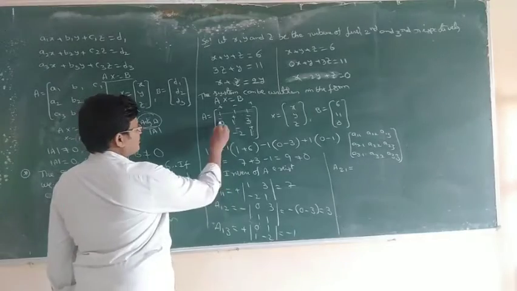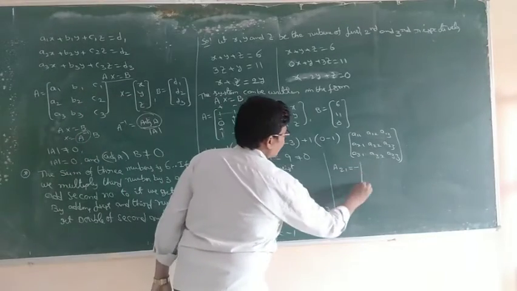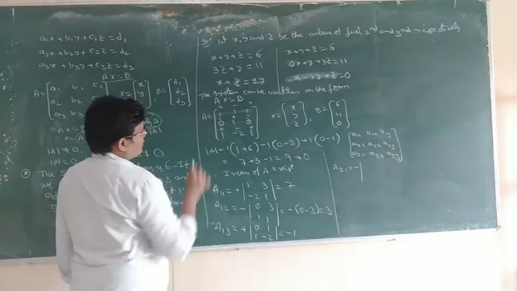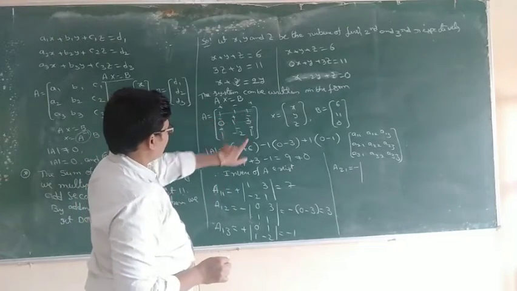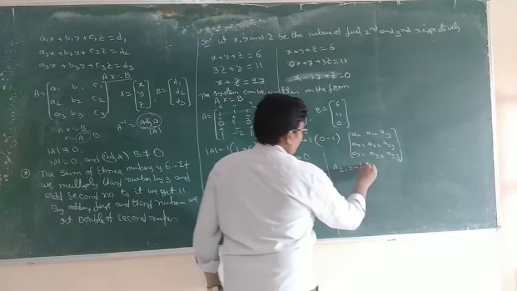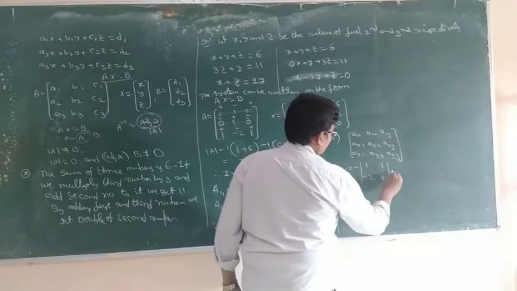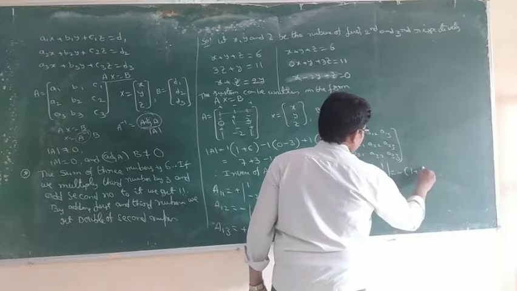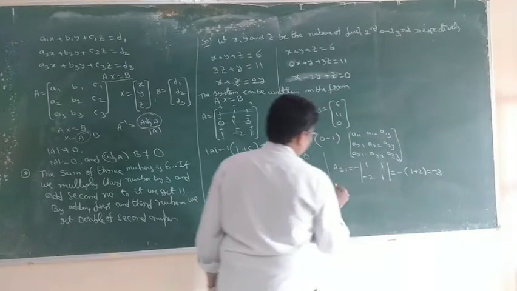A21 is the position with a minus sign, deleting the corresponding row and column, leaving 1 1 minus 2 1. So that is equal to minus of 1 plus 2, that is equal to minus 3.